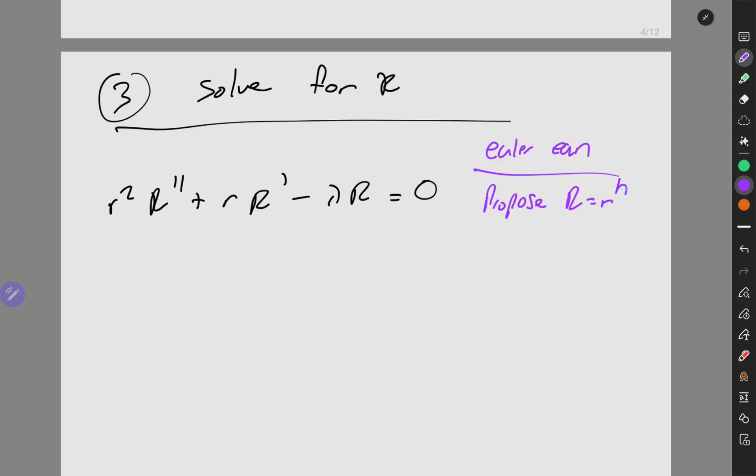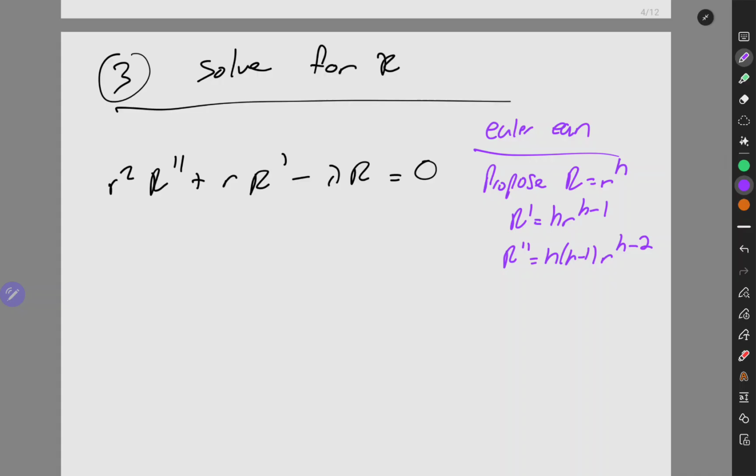I remember we used different values before, but it's the same idea. I'm going to use h's instead. Then R prime is equal to h r to the h minus 1. R double prime is equal to h times h minus 1 times r to the h minus 2. Remember this from second order?